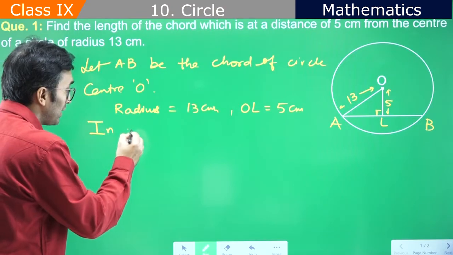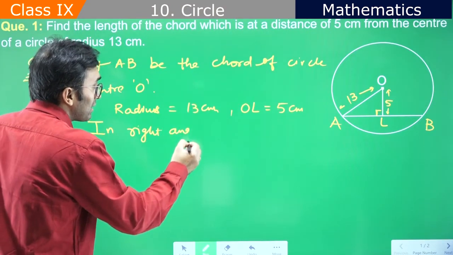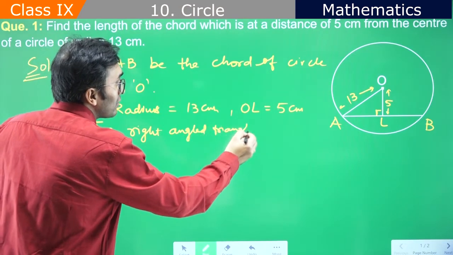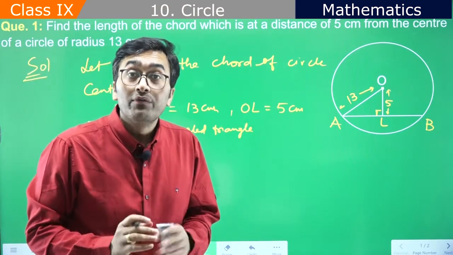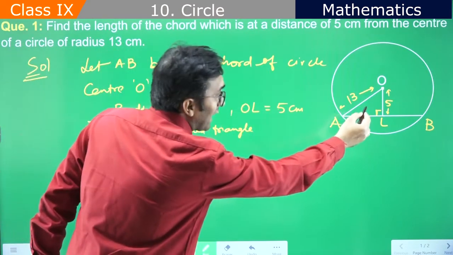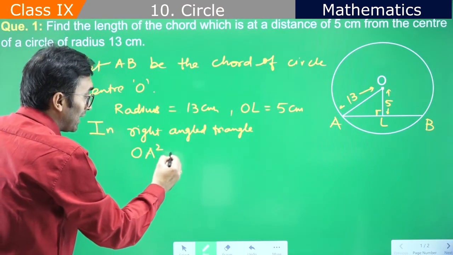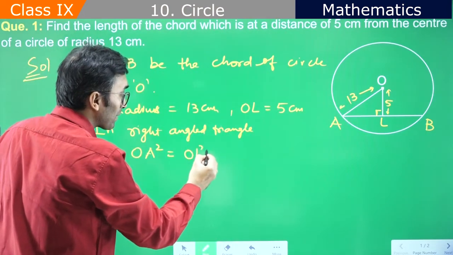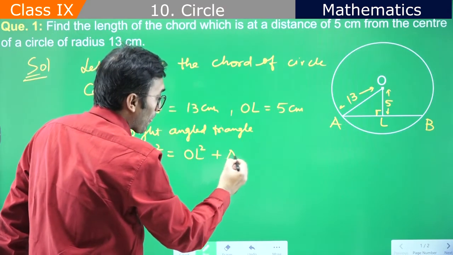In a right angle triangle, we can apply the Pythagoras theorem. So we write OA square equals OL square plus AL square.